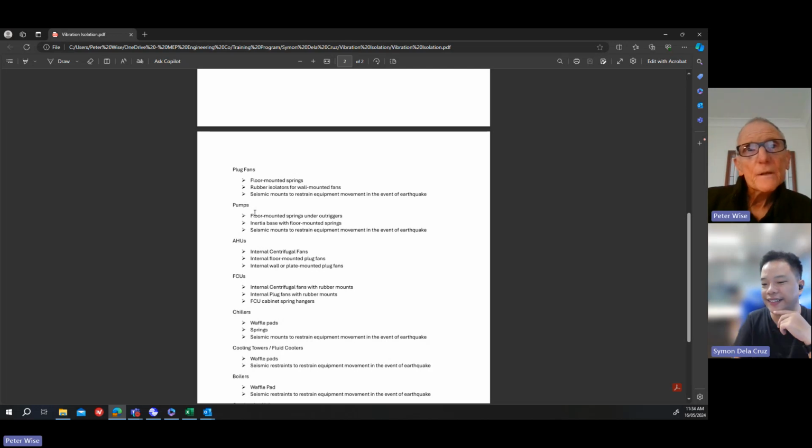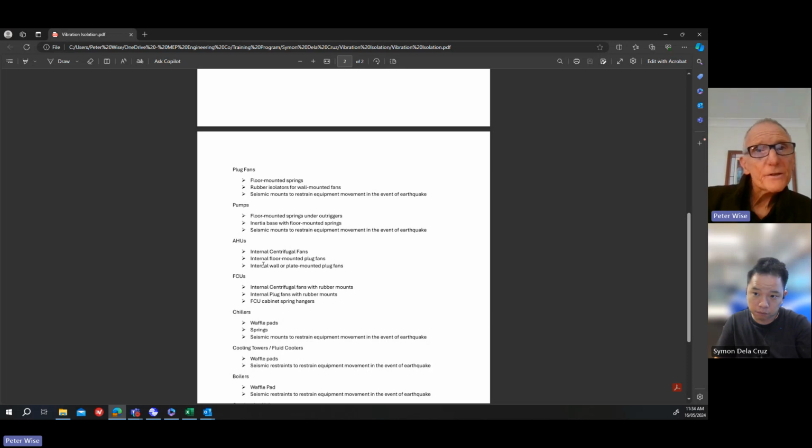The springs for the fan inside the air handling unit will be inside the air handling unit, so you don't need to worry about that. Where the fan is vibration isolated inside the air handling unit, you don't need a flexible connection for the ductwork. You can solidly mount the ductwork to the air handling unit.